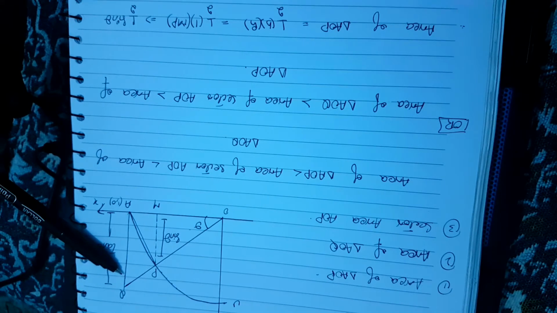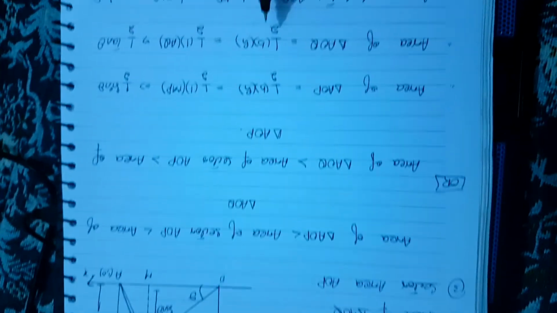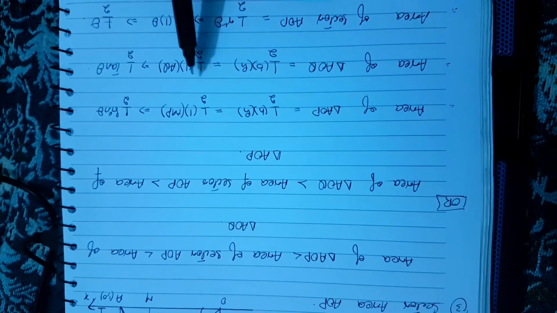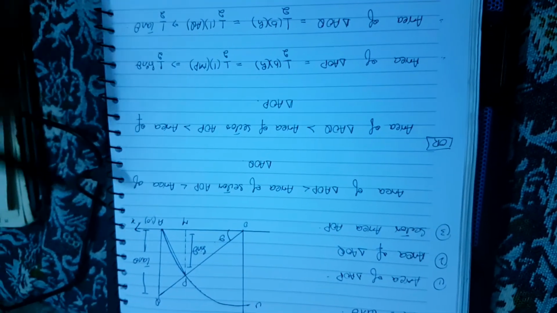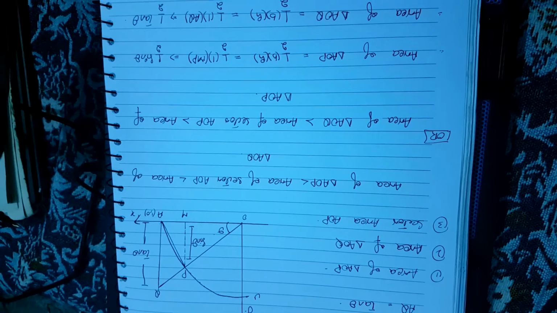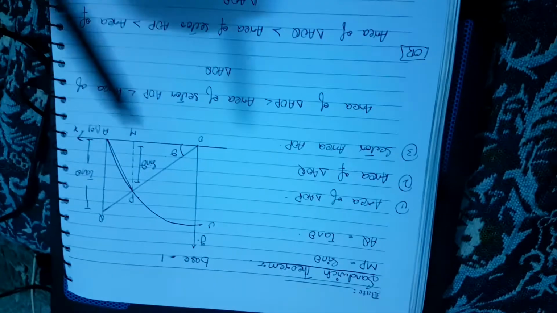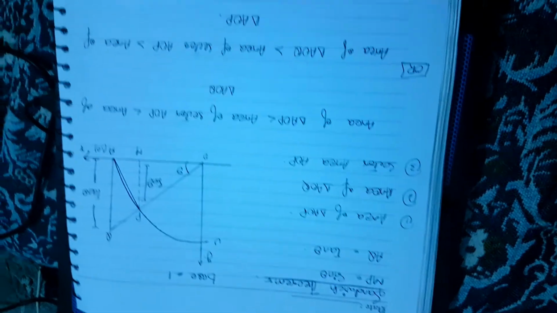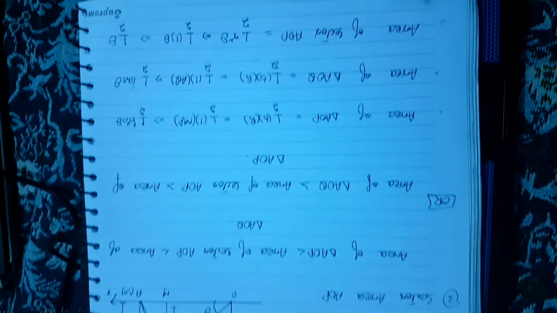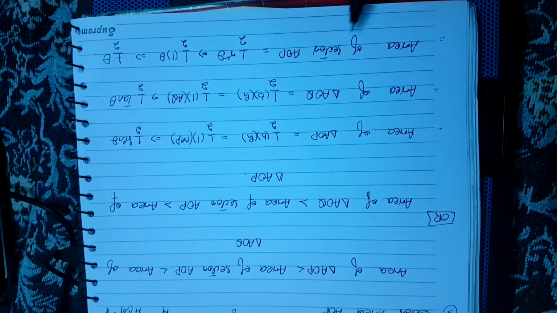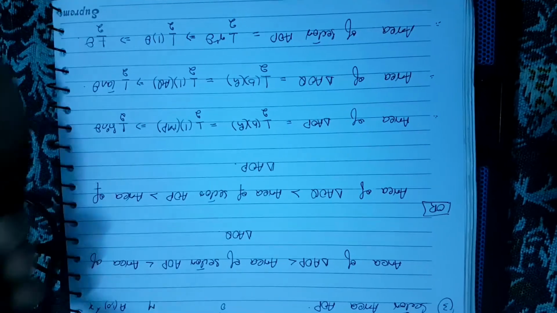Next is the area of the bigger triangle AOQ. The same thing happens: half of base into height, where the base is 1 and the height is AQ. As I wrote above, AQ equals tangent theta, so the area is half of tangent theta. Last is the area of sector AOP.